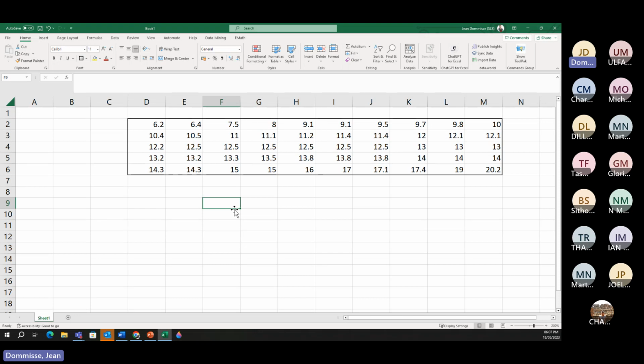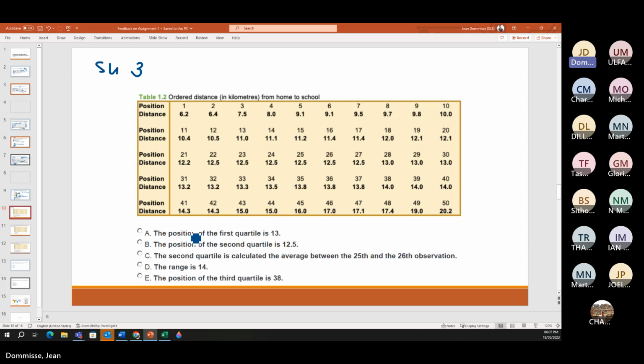Okay, cool. The first thing that they ask us is to look at the position of the first quartile. There's a position that we need to work out for each one. The position of Q1, the formula is n plus 1 divided by 4.